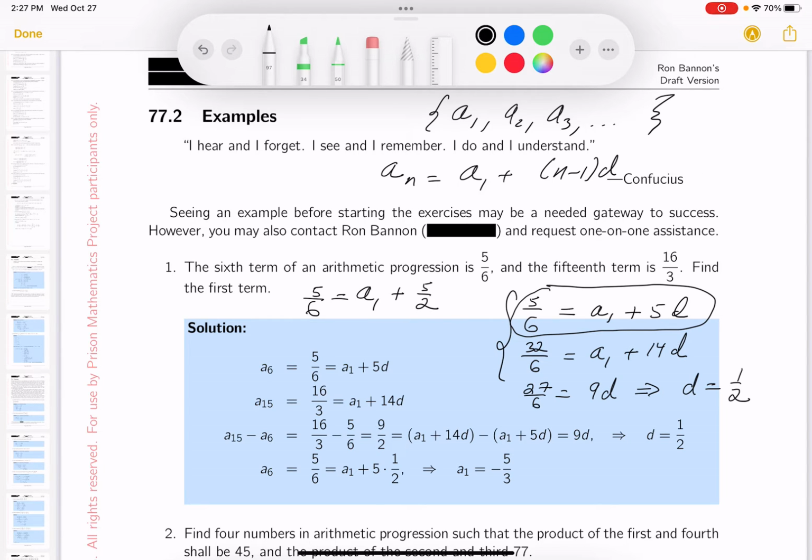Well, I can get A1 now. A1 is going to be 5/6 minus 5/2. Come down, it would be 6 there. And let's see what you get. You get 5 minus 15, which is minus 10. So A1 is minus 10/6, or minus 5/3.